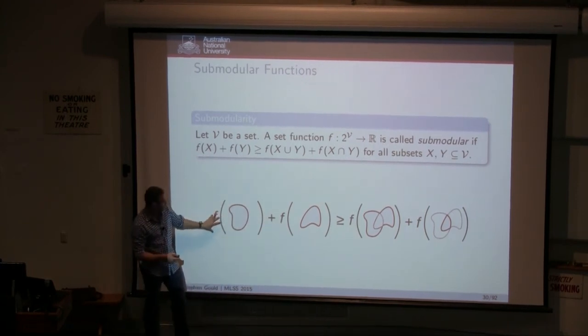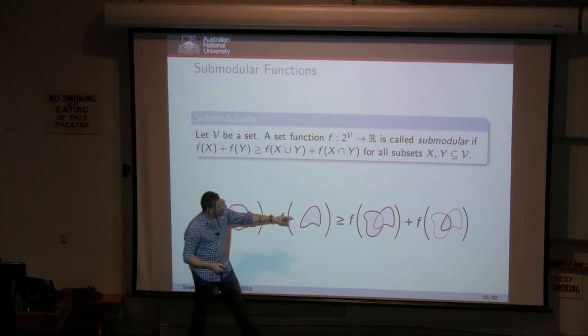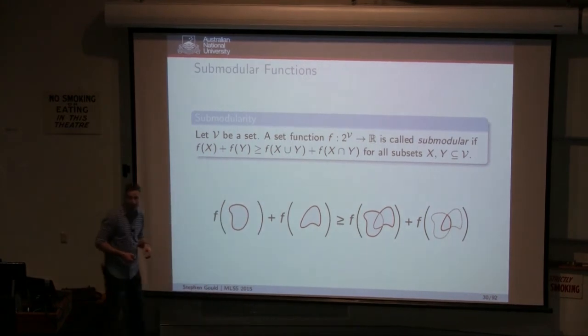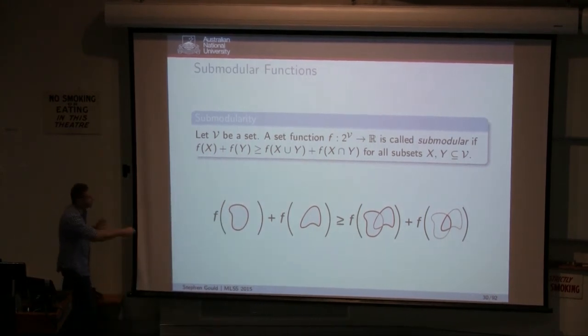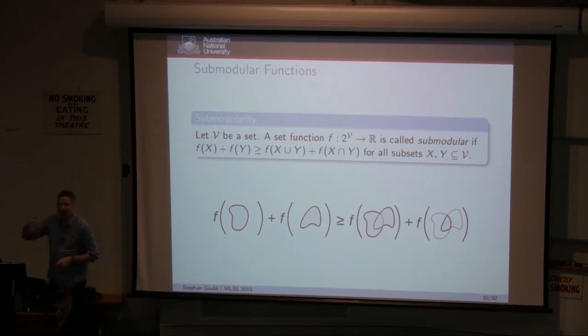If you evaluate the function on those two subsets, that sum needs to be greater than or equal to the function evaluated over the union of those subsets plus the intersection of those subsets. And really what submodularity is doing is encoding a notion of diminishing returns, right?